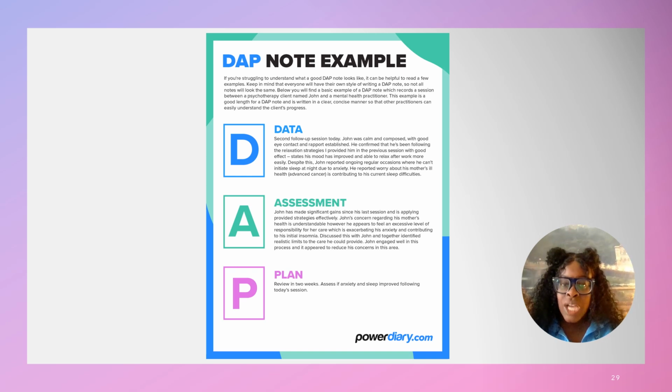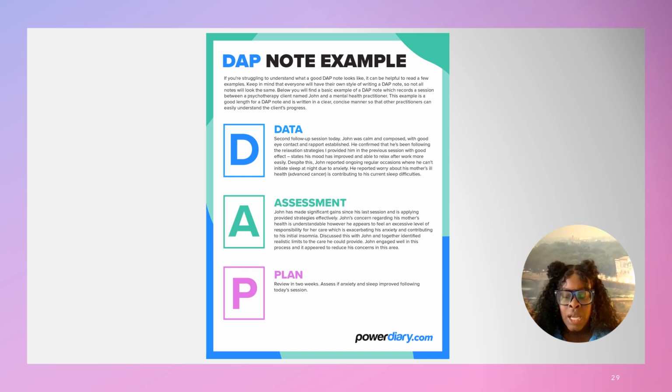Assessment. John has made significant gains since his last session and is applying provided strategies effectively. John's concern regarding his mother's health is understandable. However, he appears to feel an excessive level of responsibility for her care, which is exacerbating his anxiety and contributing to his initial insomnia.